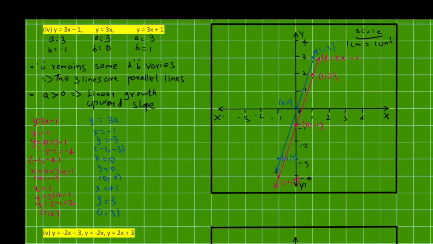This is the line for the next equation. What is that? y is equal to 3x. So this line gives y is equal to 3x.